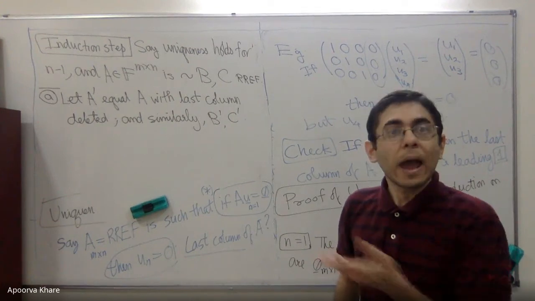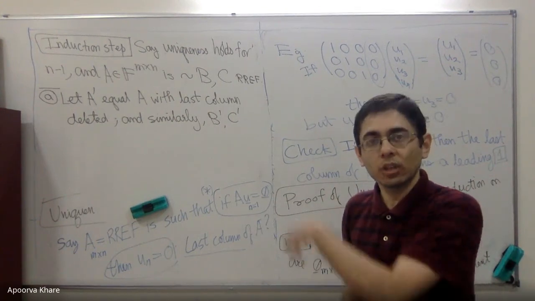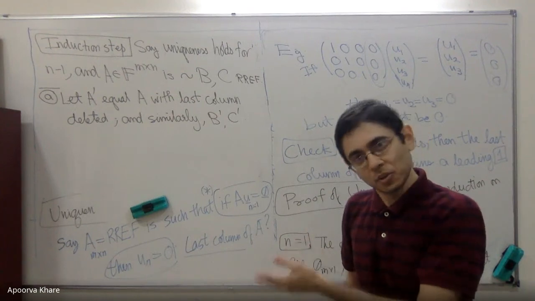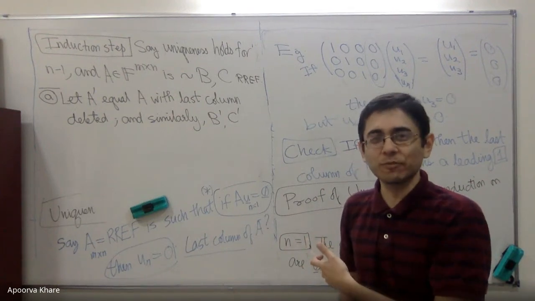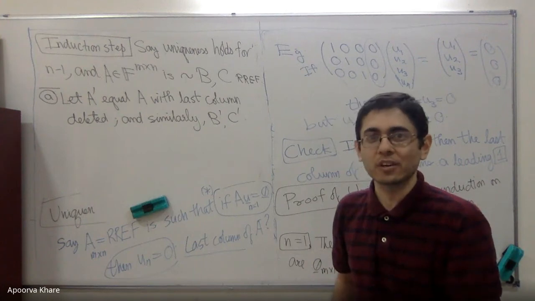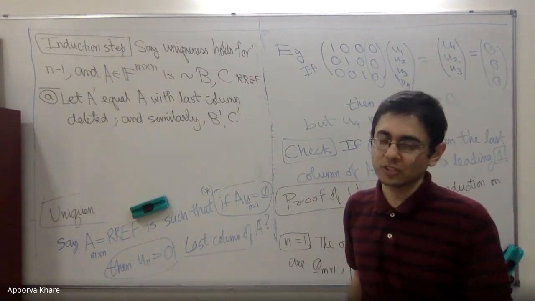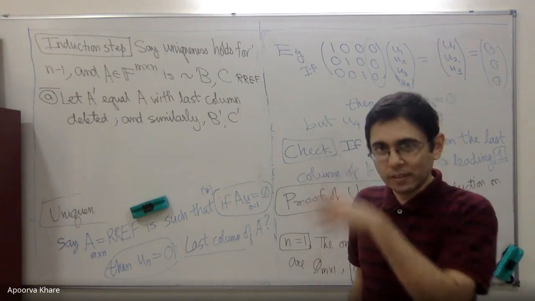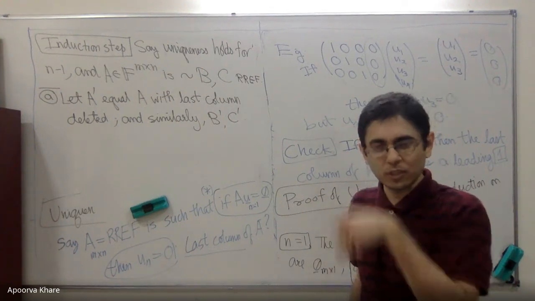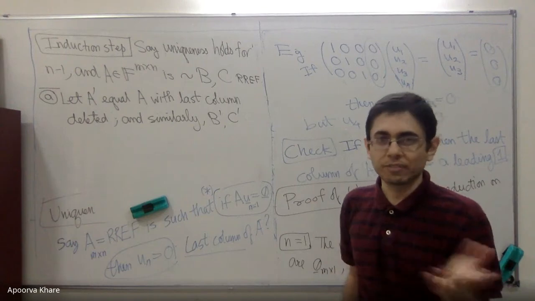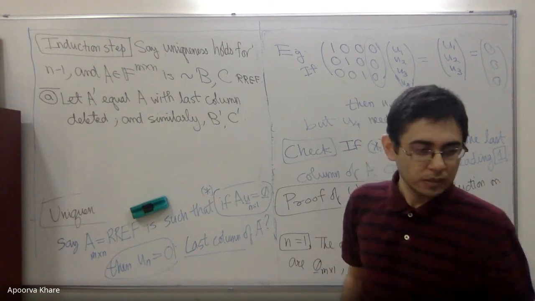That will still happen. At most, there will be a leading one in the last column which you chop off. But then there are no entries beyond that, so the row becomes 0. Are the entries above and below a leading one 0? Well, if you chop off a column, it doesn't affect the remaining columns. So yes, and so on and so forth.